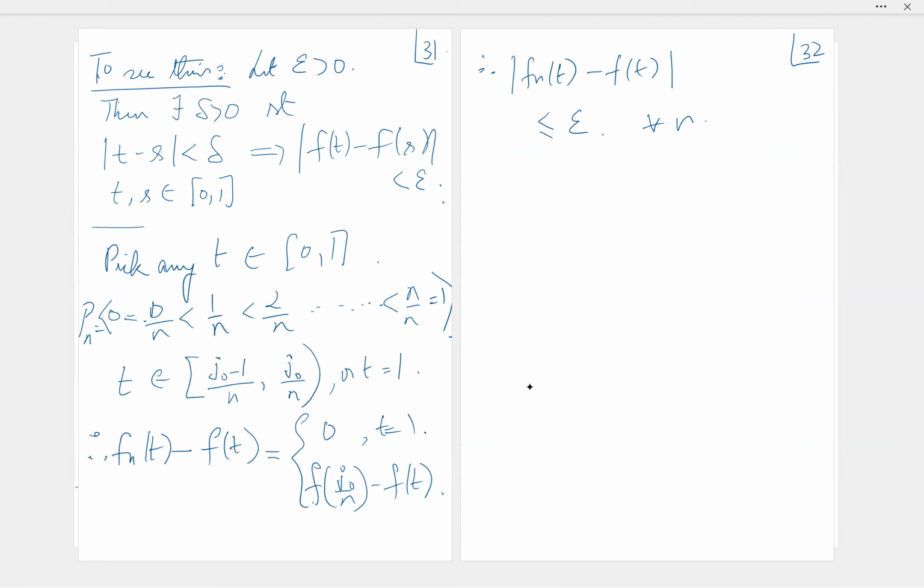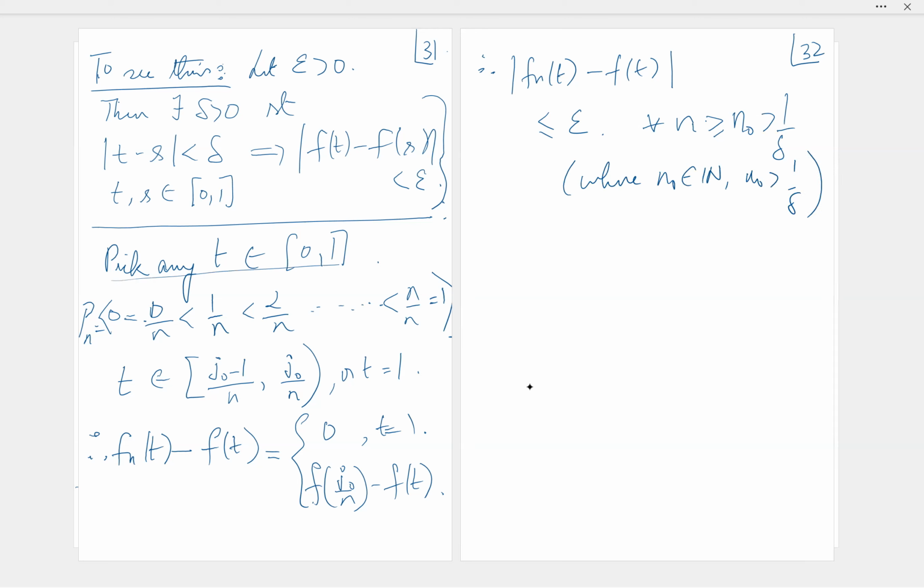Now I want to use this thing here. If you can see the top of page 13, where I had written the uniform continuity in terms of epsilon and delta. As long as I choose n to be greater than or equal to some n naught, where I will choose n naught appropriately, this means, for any t I picked, the modulus of this is less than epsilon.